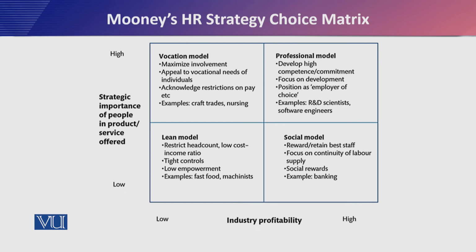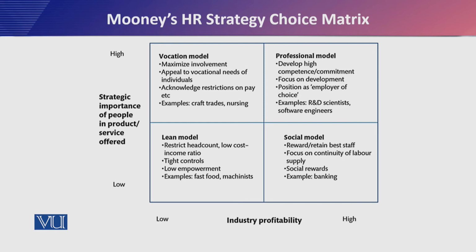So the lean model suggests restricting headcount. It makes sense and logic because the industry profitability is low and the strategic value of employees is also low. Why pay above average or more salaries to your employees?